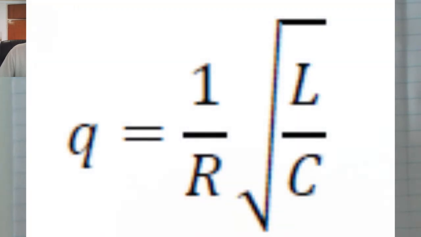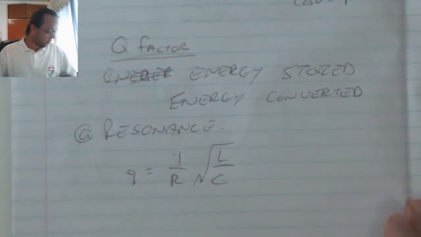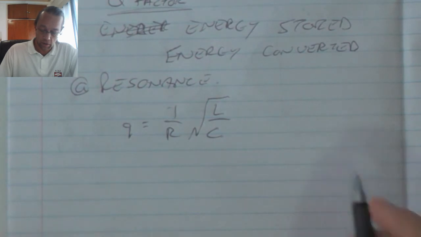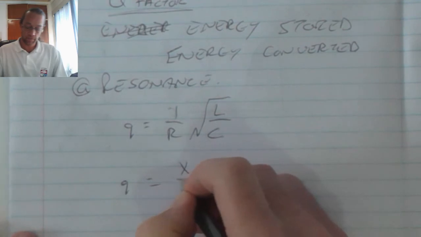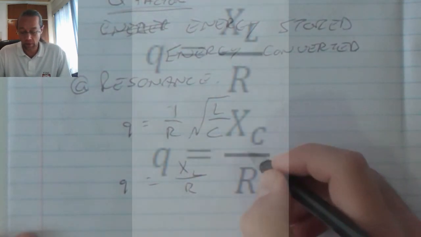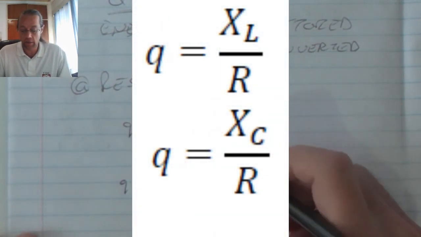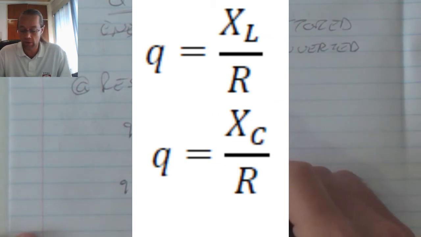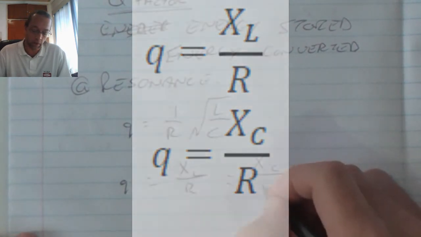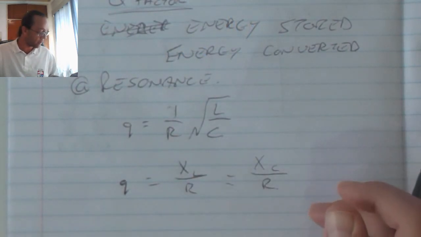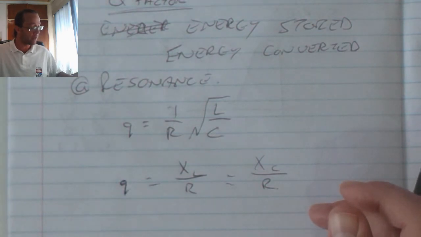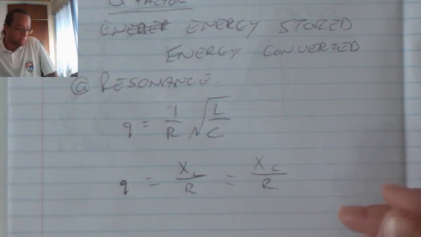Now the formulas that we use: Q equals 1 over R times the square root of L divided by C, or we can use Q equals XL over R. And conversely, because the circuit is at resonance, XL and XC are equal, so we can also say XC over R will be equal to my Q. This applies both in series and in parallel.